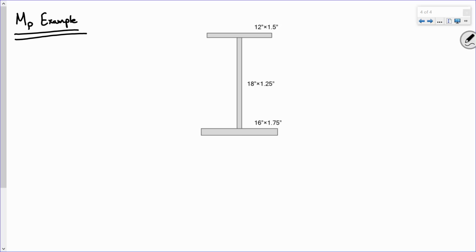Okay. All right. Now, here's my I-beam, and my goal is to try and find that magic point where all the area above the axis equals all the area below. So I propose that's going to be somewhere in the web. I don't know where, but somewhere in the web. Is that a reasonable guess? Okay.